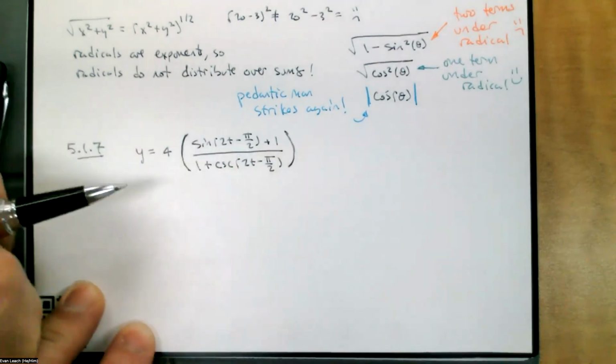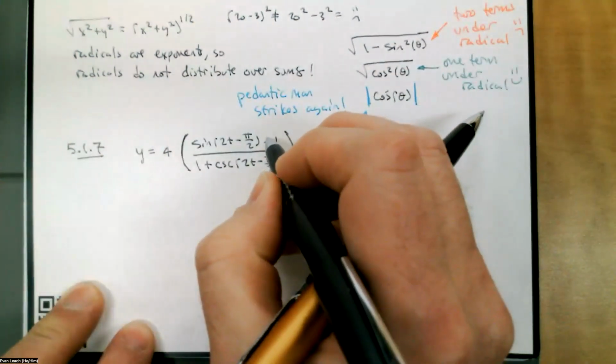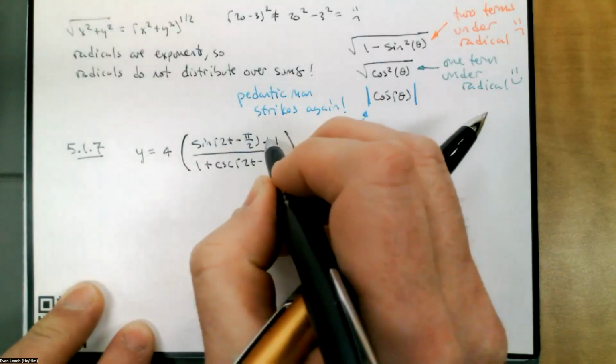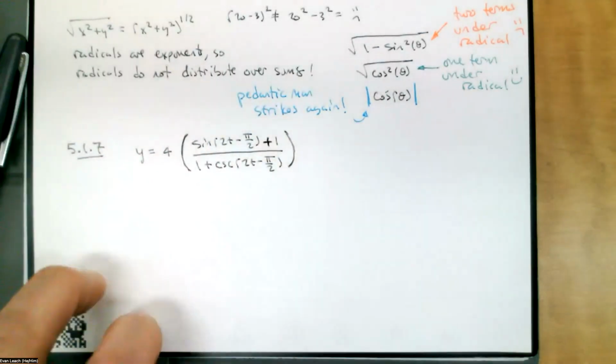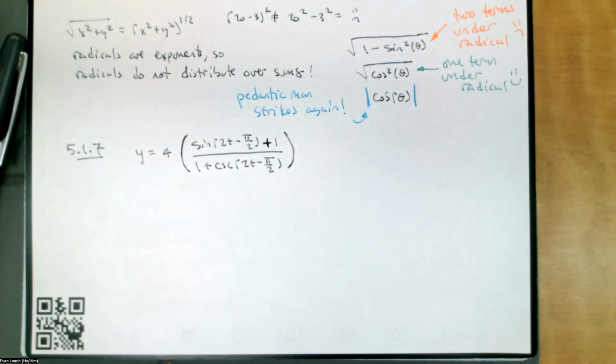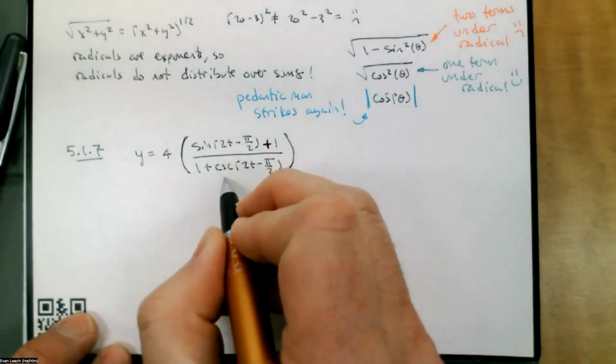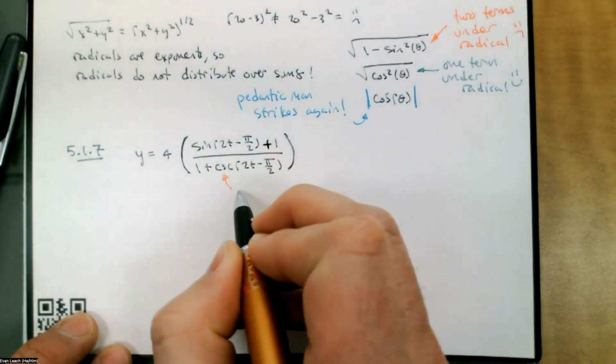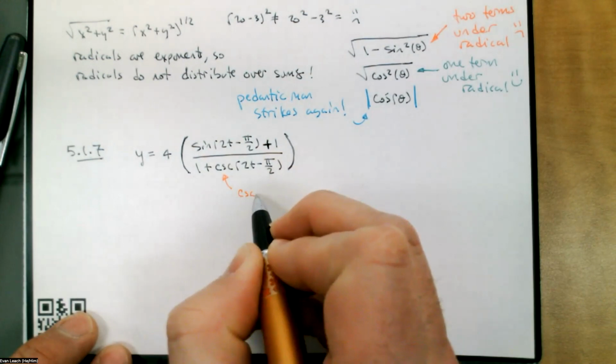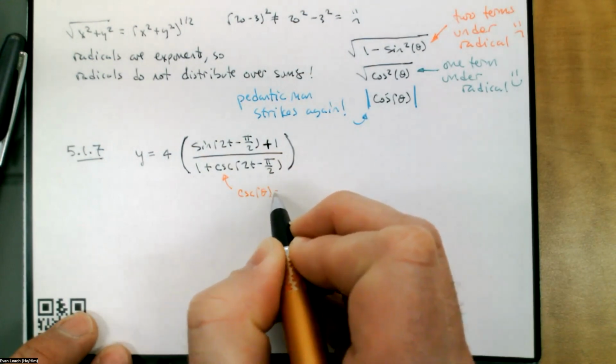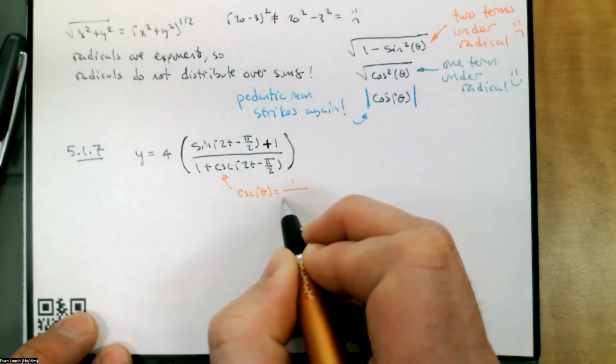So we want to find some identities that we're going to notice right away. And I noticed a cosecant of 2t minus pi over 2. So this reminds me of the identity cosecant of theta is 1 over sine theta.